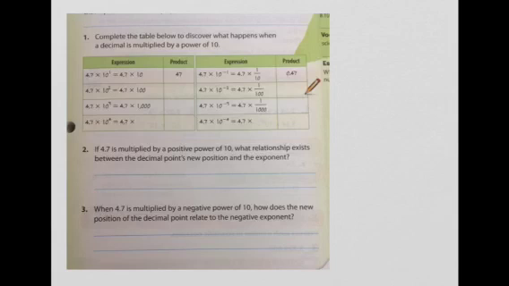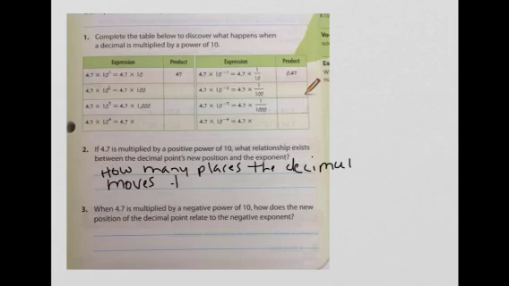So what happens when an exponent is positive? Well, the positive exponent tells us how many places the decimal moves to the right.